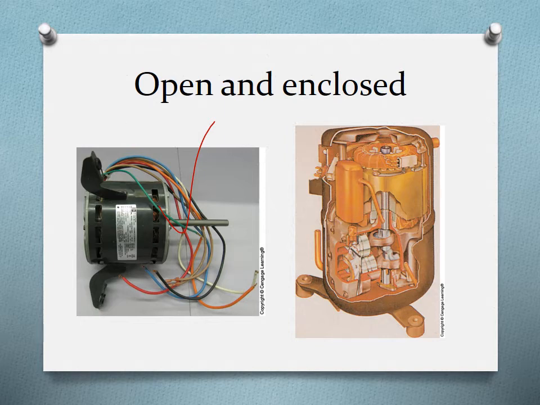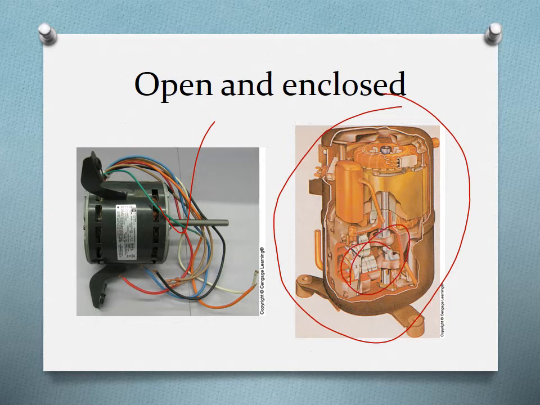That seems very clear. This is enclosed, and enclosed means the whole thing is shielded, and it's called hermetic. You see these mostly in ACs, and this part here is the compressor and this is the motor. The reason we have it enclosed is because we don't want any interaction between the outside and the inside of the motor, and usually we run refrigerant, and the refrigerant is very flammable.